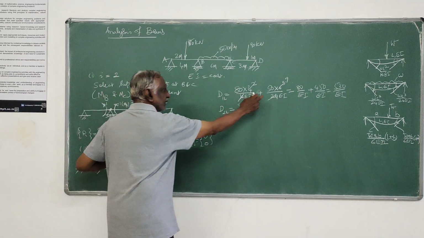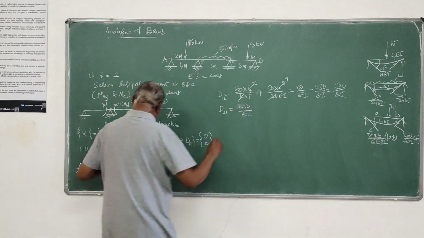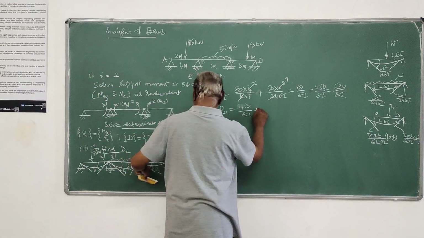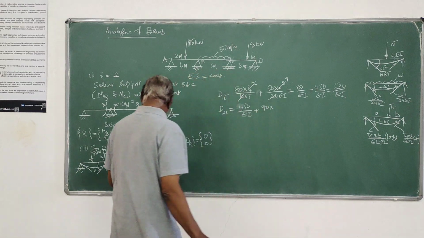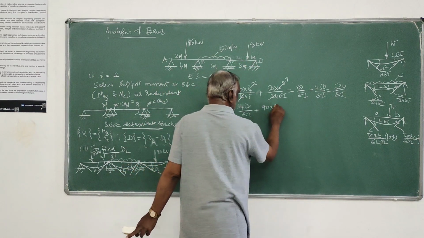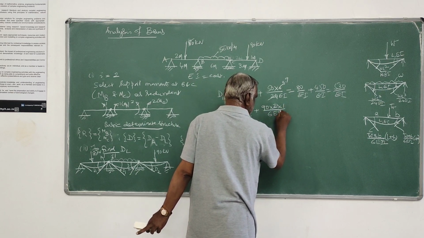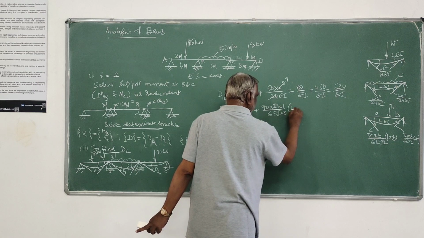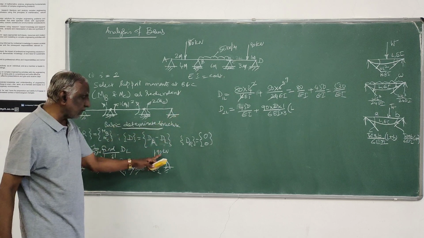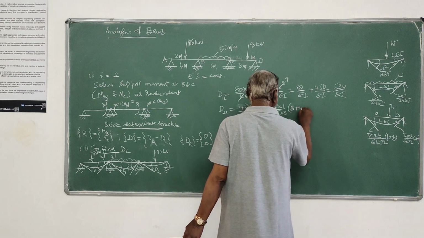this is same as this, that is 450 by EI, already have worked out, and this is, I will use the third formula, that is 90 into AB. These distances are 2 meters and 1 meter, that is 2 into 1 divided by 6 EI into 3 into, this is left side slope I am calculating, so it is L plus B. B is 1, L is 3, 3 plus 1.